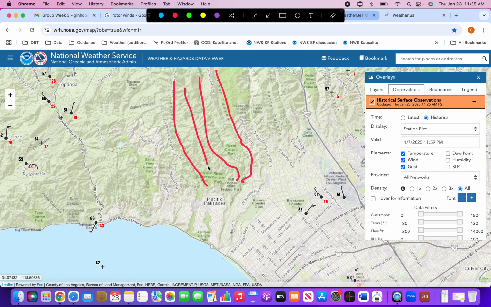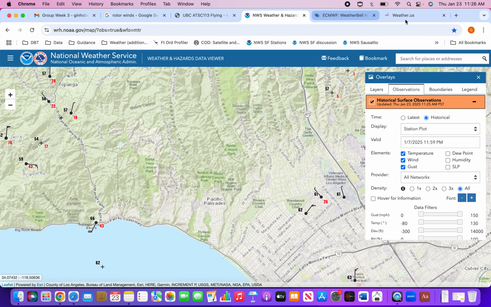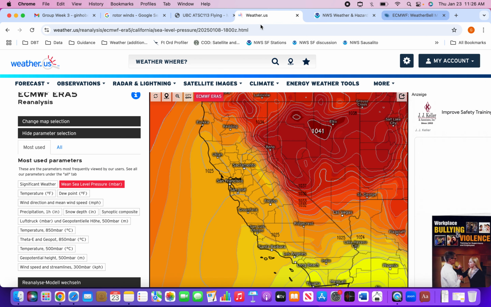But look, you had a pressure gradient that was favoring winds mostly out of the north. That's the first thing you have to consider: if this high pressure center, this surface high, were located further to the south, this would have been more of an easterly wind event.